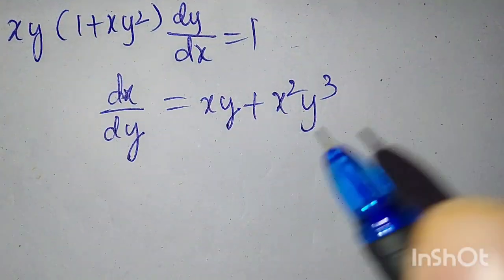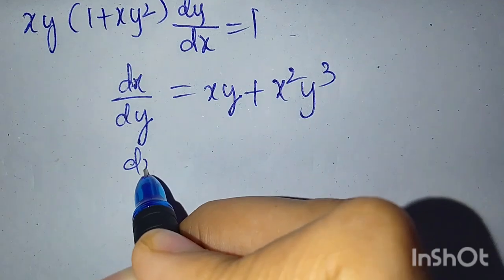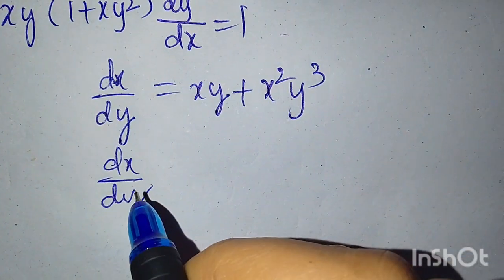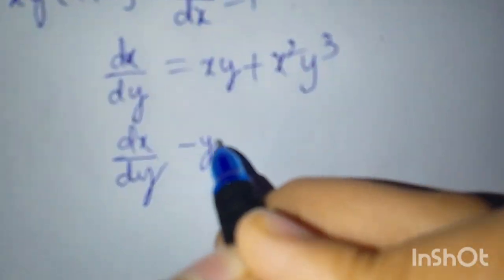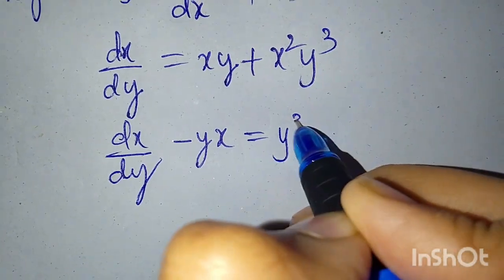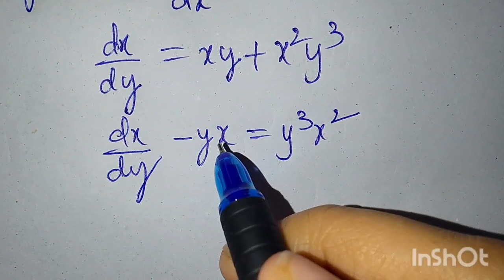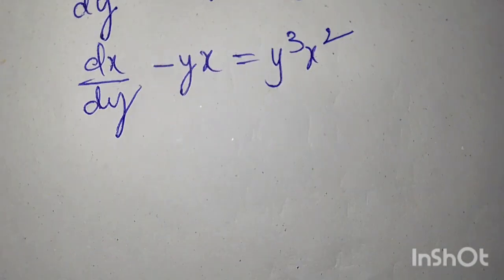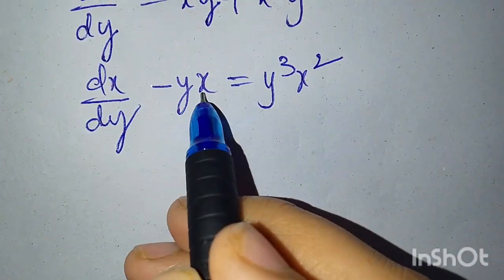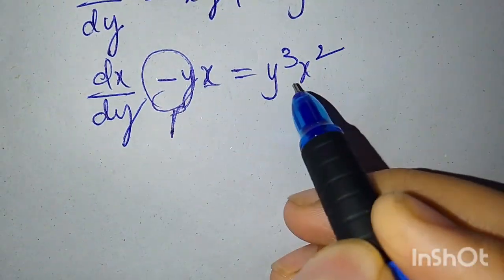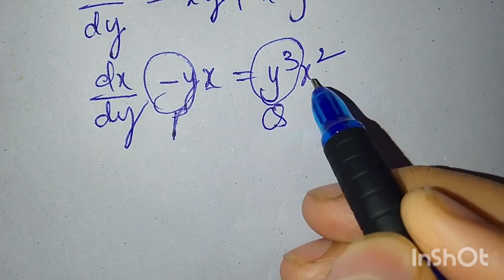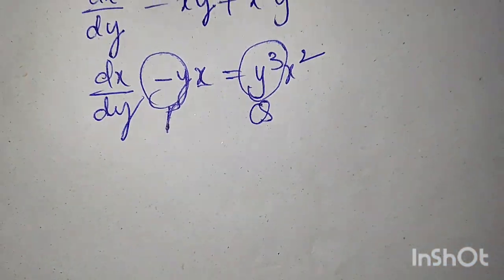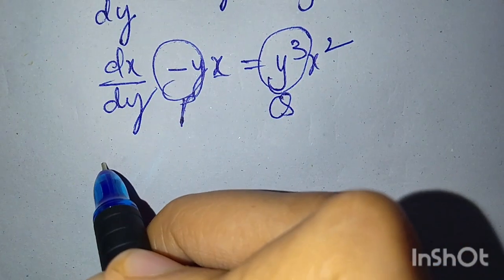So now dx by dy. So see, this is a linear differential equation. This is Bernoulli's equation in x. See, dx by dy, x is there. This is p, this is q, and this is x power n. So if I divide this, I'll get x power minus 2.